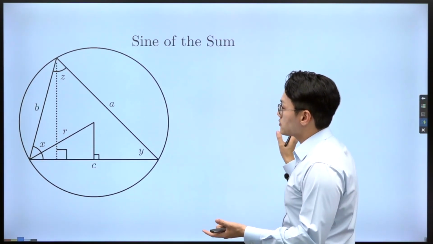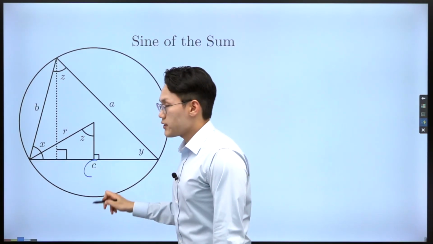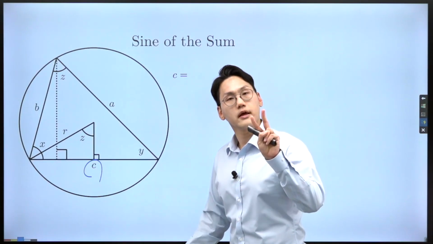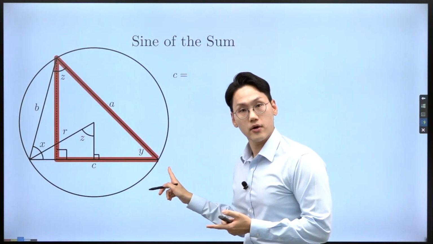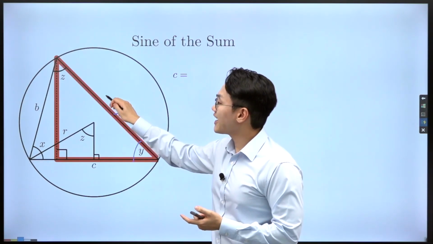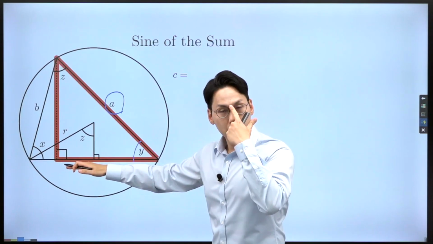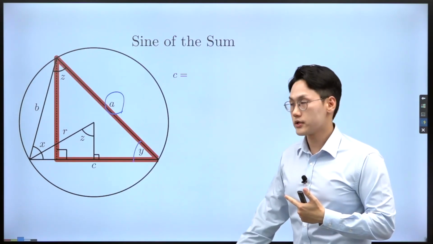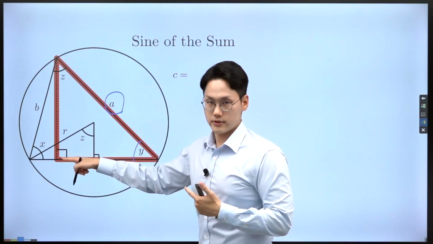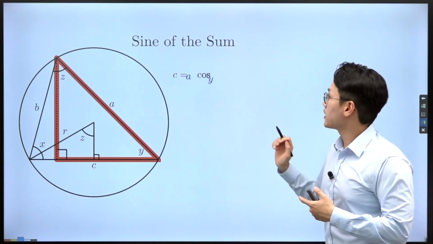And then what I'm going to do here, my friend, is let's try to get the length of AC. If you ask me to get the length of AC, I'm going to get 2 lengths and then add them together. Well, from the one large right angle triangle there, I got the angle Y, I got the hypotenuse A, and I want to find the adjacent. So for the adjacent, would you use a sine or cosine? You said it correct. I will use a cosine there. So for that leg here, I would use A times cosine Y, which we get from the right angle triangle right away.